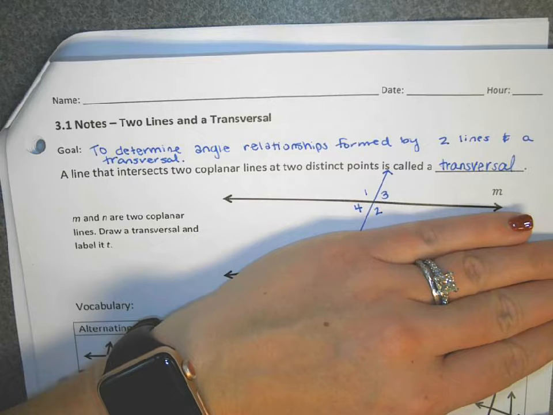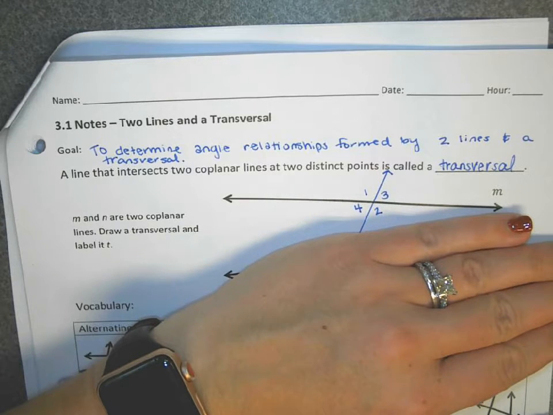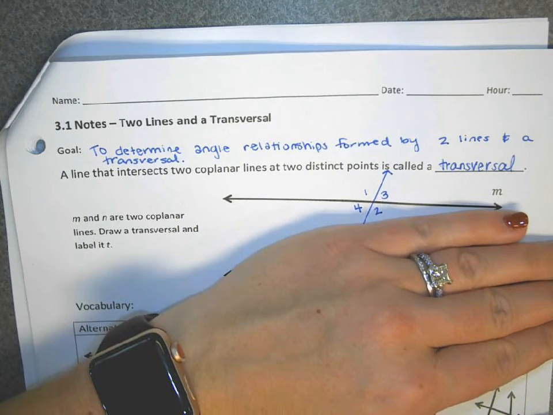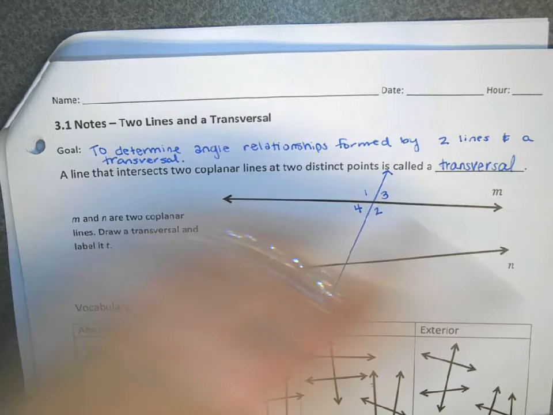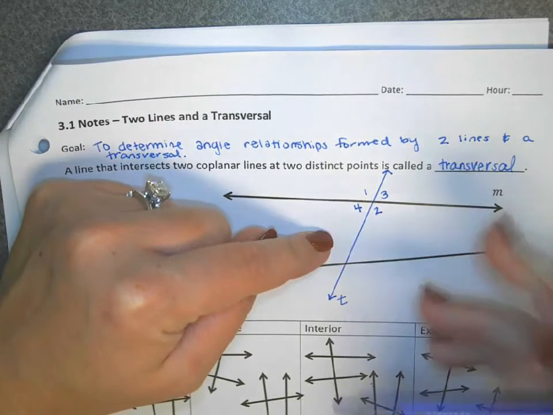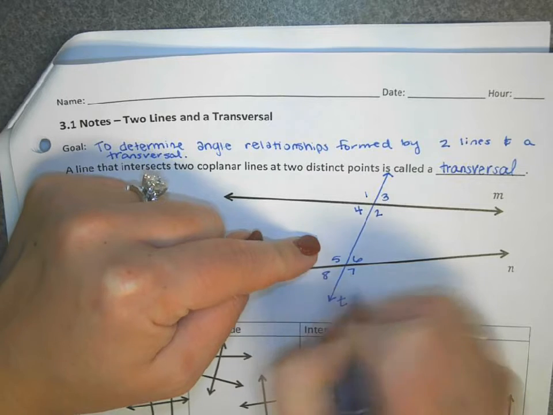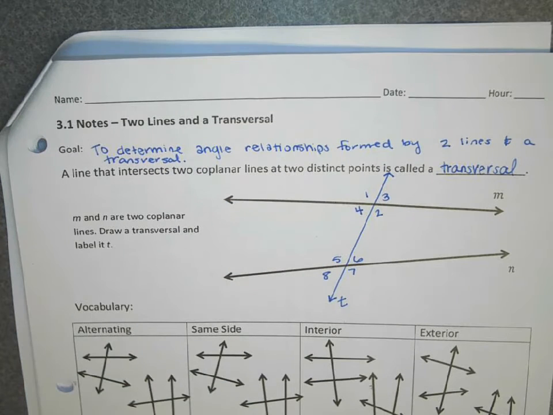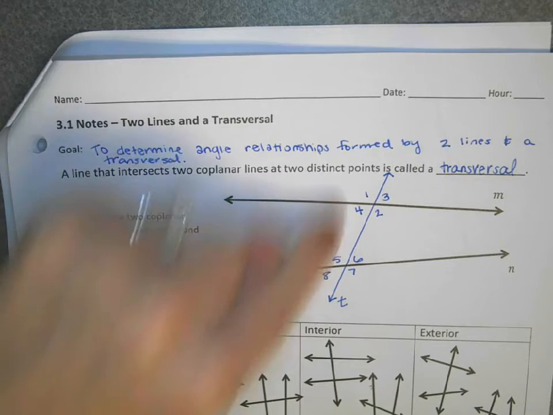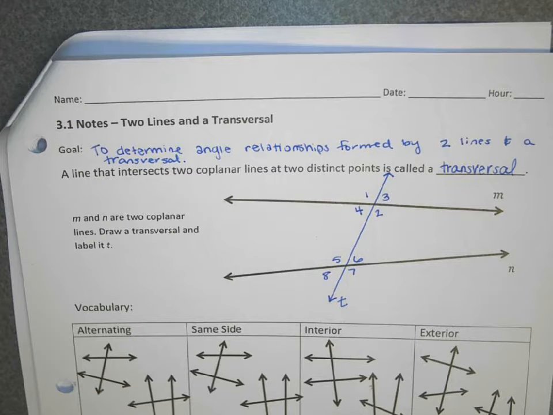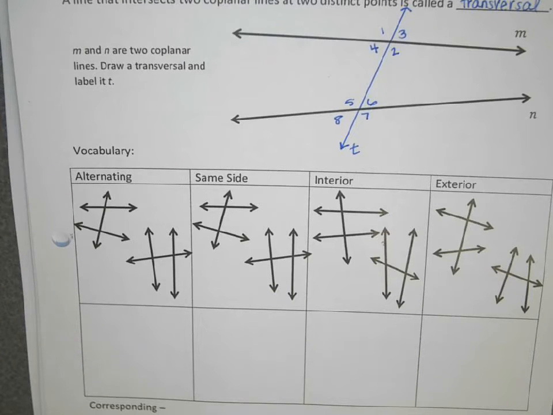So today, we're going to learn more vocab words on how to describe an angle that would be up here with angles that are down here. So we will learn how to call angle 1 and 5 and say what type of angles those are, or like 2 and 5. But these four basic words down here are going to help us with that.